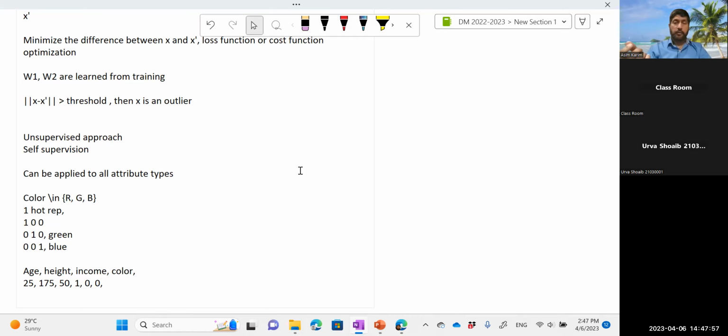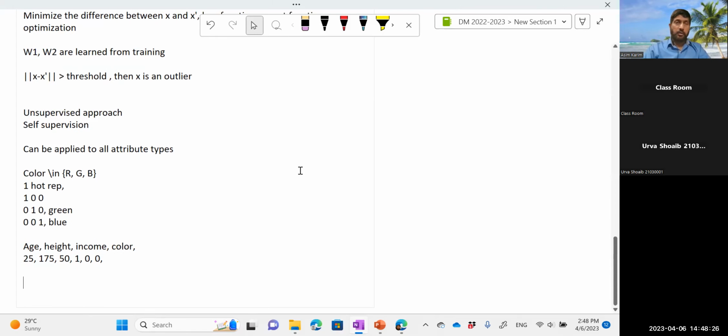So once you have this representation, you feed it into the autoencoder, you get the output, you train the autoencoder. Once the autoencoder has been trained, then given any new object, you feed it into the network, you get the encoding, you get the reconstructed value x prime, and compare it with the original x. If the difference is high and beyond a threshold that you have specified, then that would be an outlier.